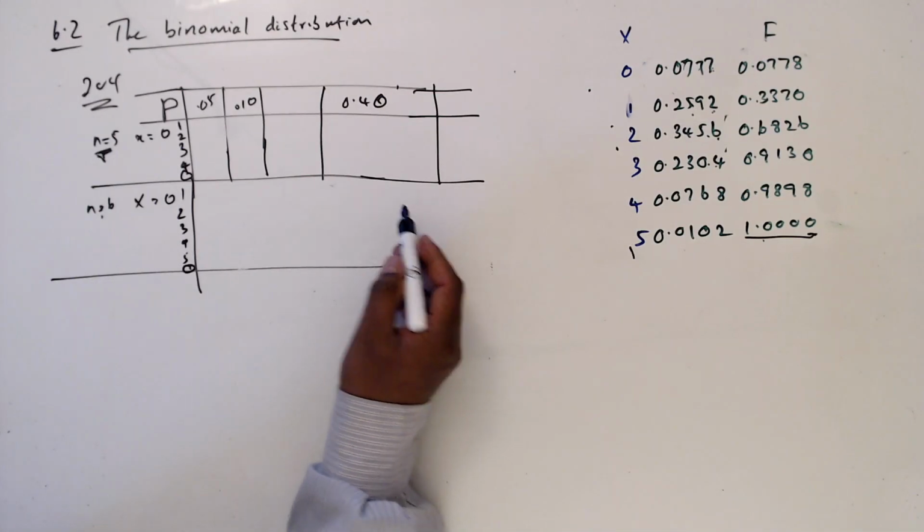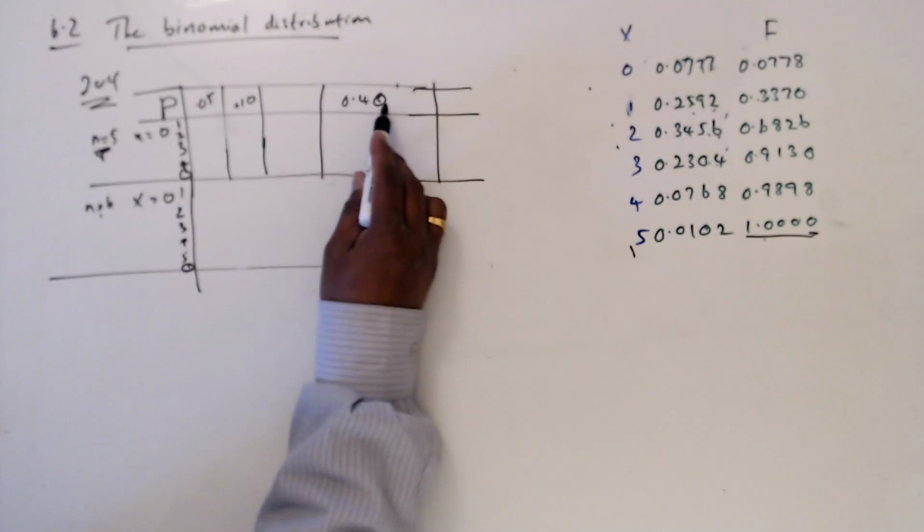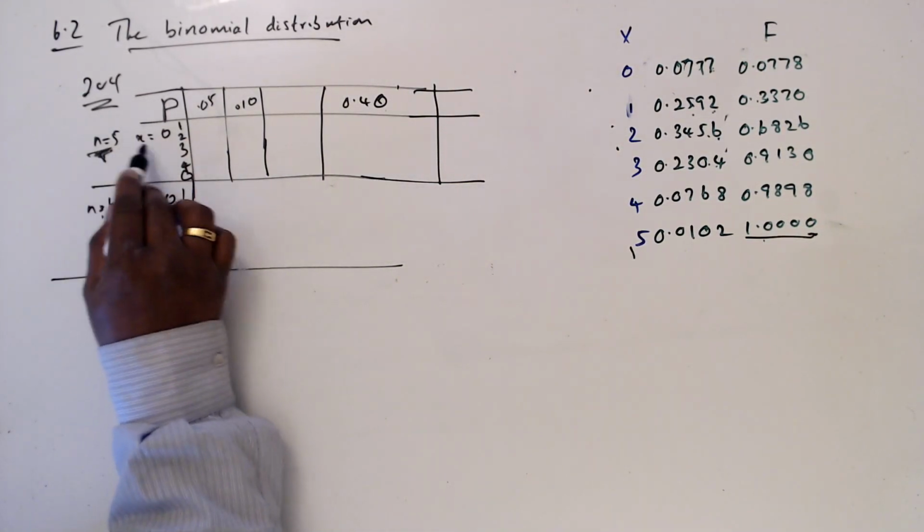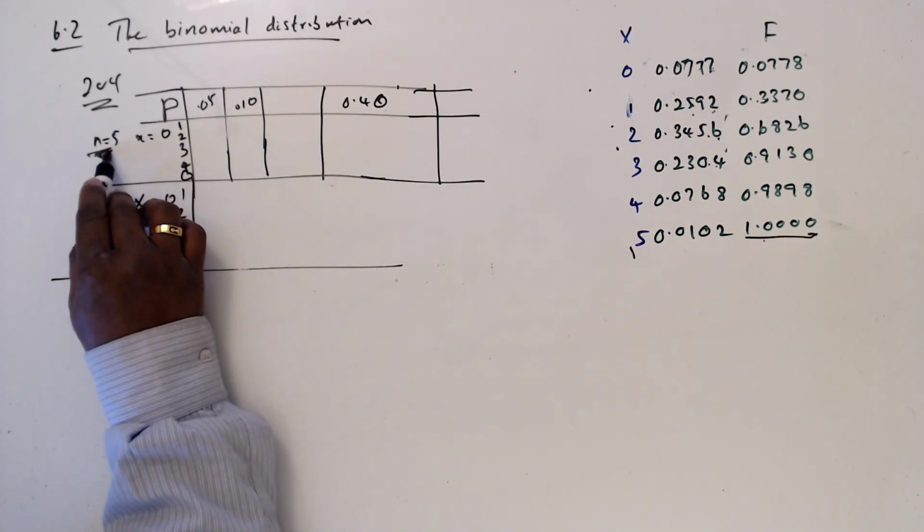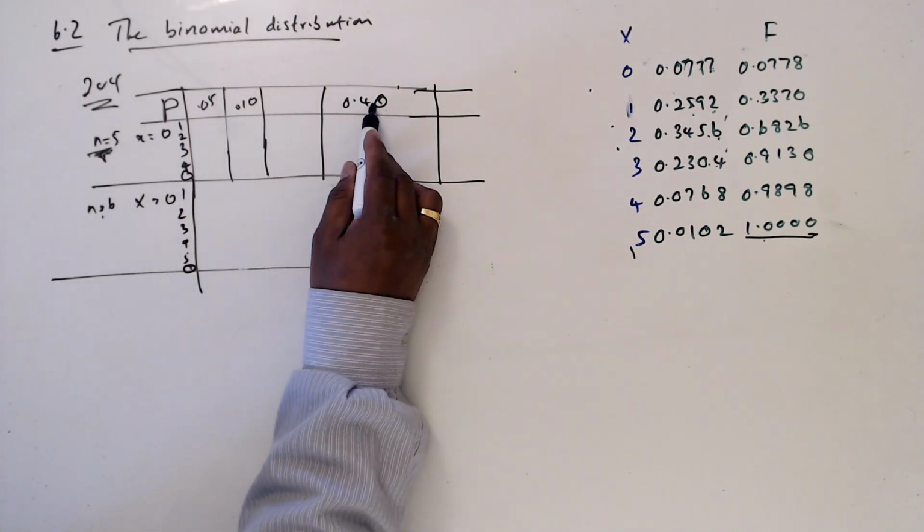Now if you go to P 0.4, first of all select n equal 5, and then P equals 0.4.